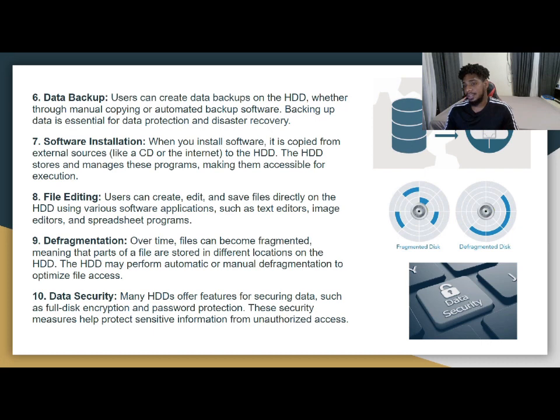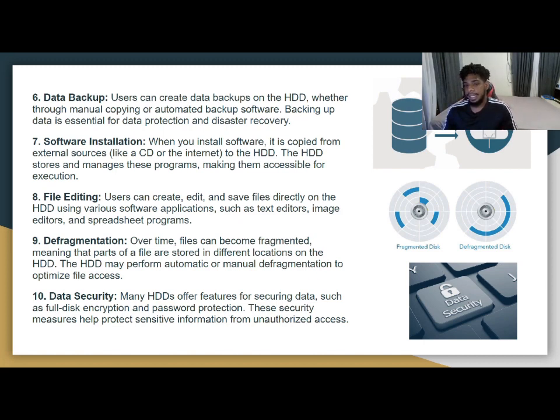When you install software, it is copied from an external source like a CD or the internet to the HDD, and the HDD stores and manages these programs, making them accessible for executing.